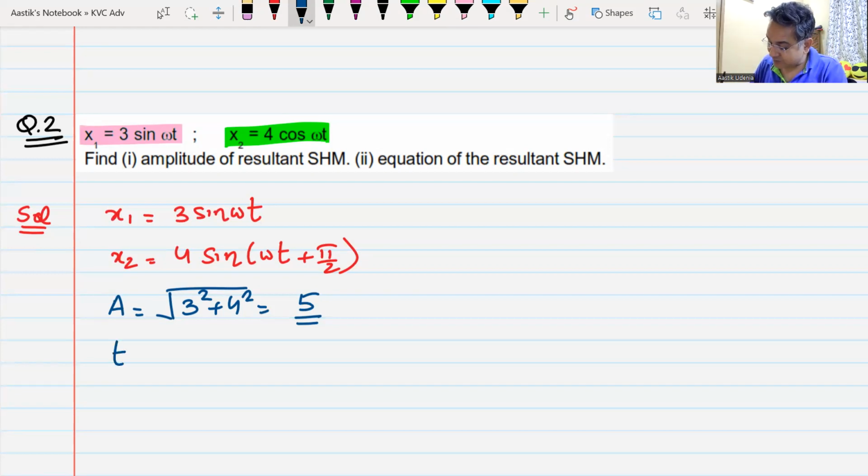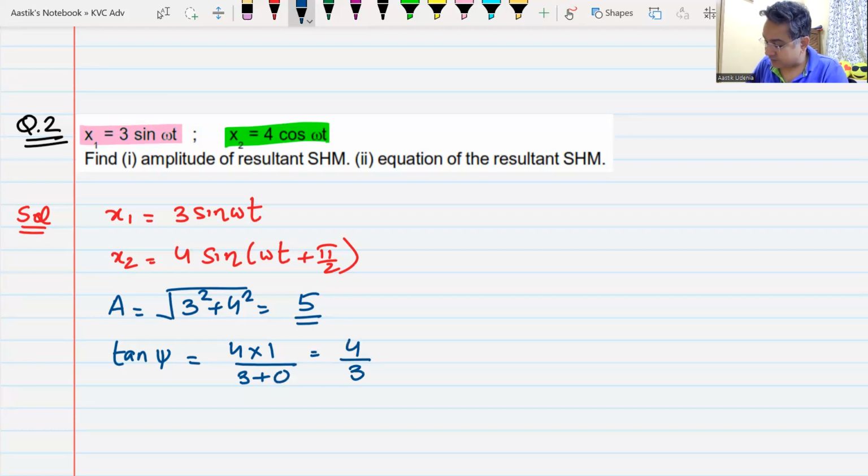Then I can also find the value of tan xi, which is a2 sine phi divided by a1 plus a2 cos phi. So a2 is 4 into sine of pi by 2. Sine of pi by 2 is 1, divided by a1, which is 3, plus a2 cos of 90, that is 0.